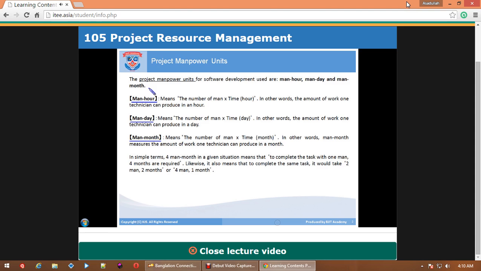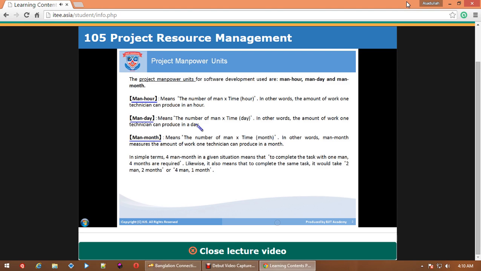The project manpower units for software development used are man hour, man day, and man month. Man hour means the number of man into time in hour. That is the amount of work one technician can produce in an hour.